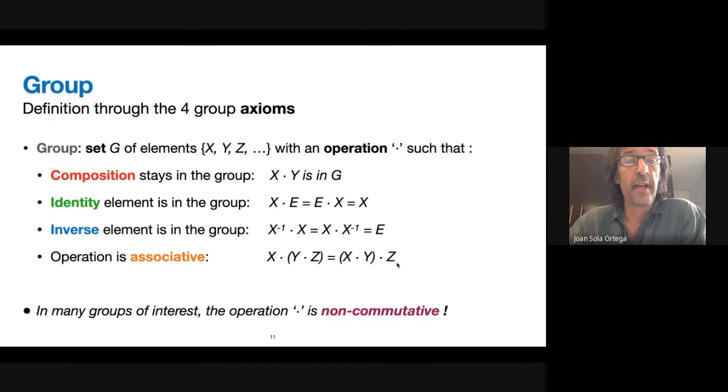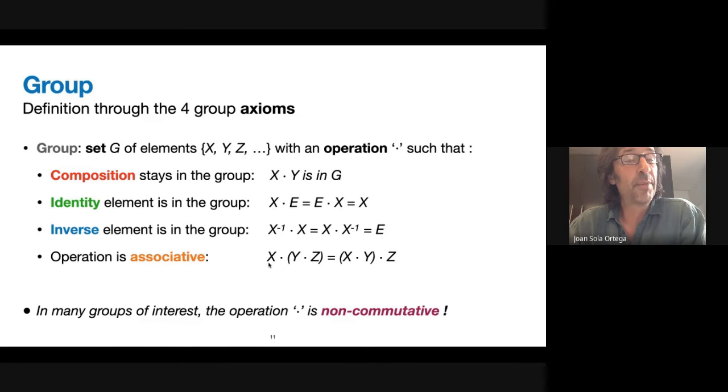Okay, and very important, there is a non-property. There is something that you should not assume is true, because it's not: this operator is non-commutative. Okay, so xy is different than yx. This is very important. If I give you the properties, maybe you extrapolate and say, oh yeah, it's commutative. It's not true. Some groups are commutative.